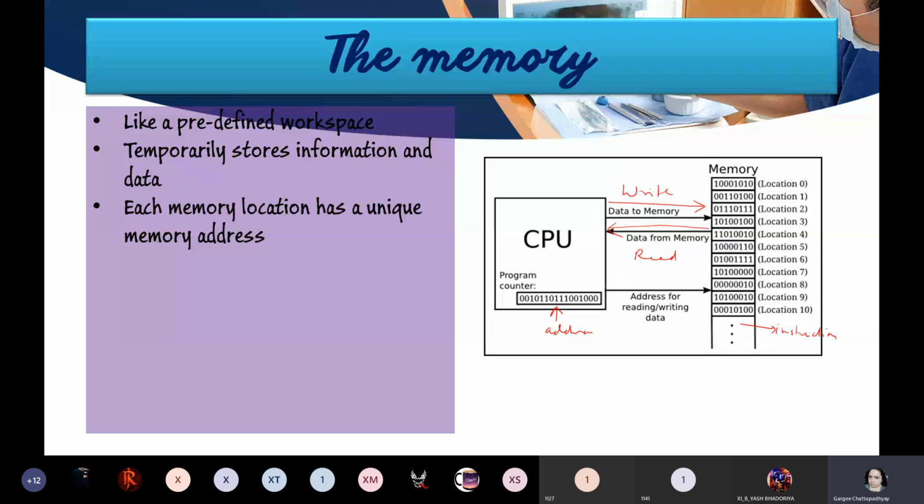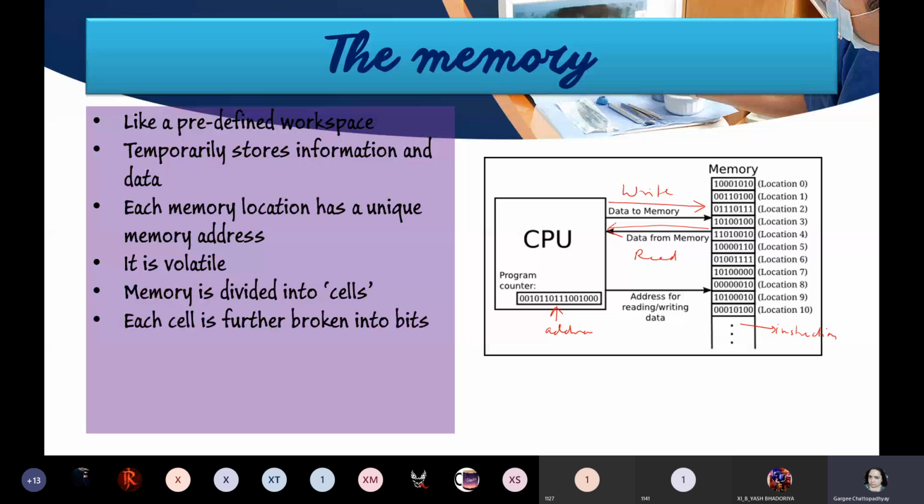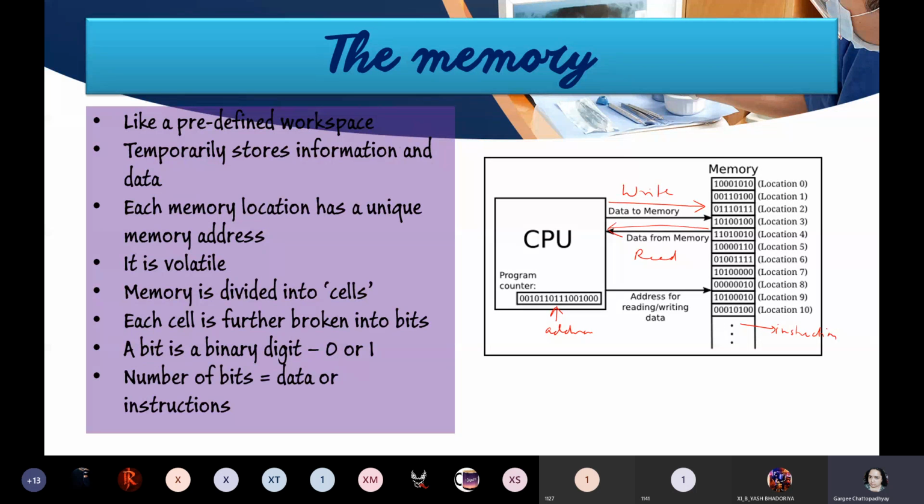Each memory location has a unique memory address. It is volatile. Memory is divided into cells. Each cell is further broken into bits. A bit is a binary digit, that is 0 or 1. Number of bits equals data or instructions. Please make a note of these points.